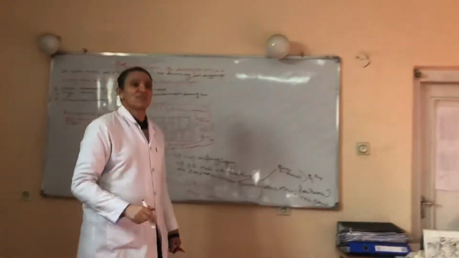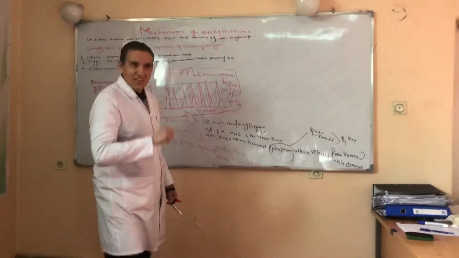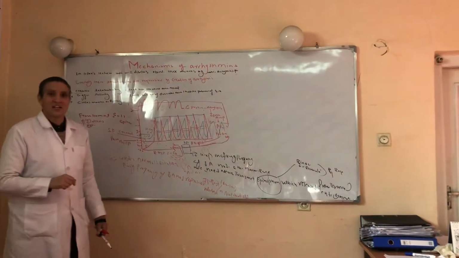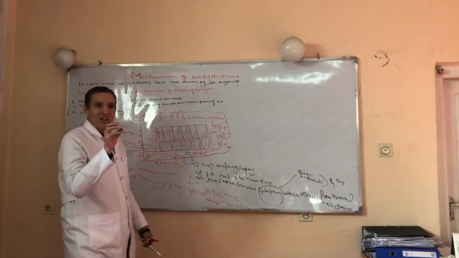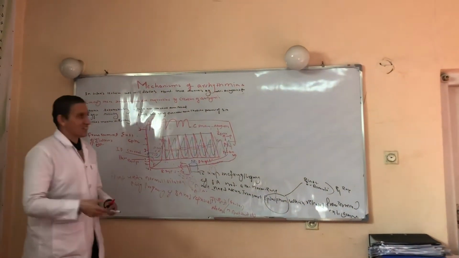To get a better idea about circus movement or the reentry mechanism, first of all, we should cut several small cardiac muscle strips from the ventricles in the form of a circle.